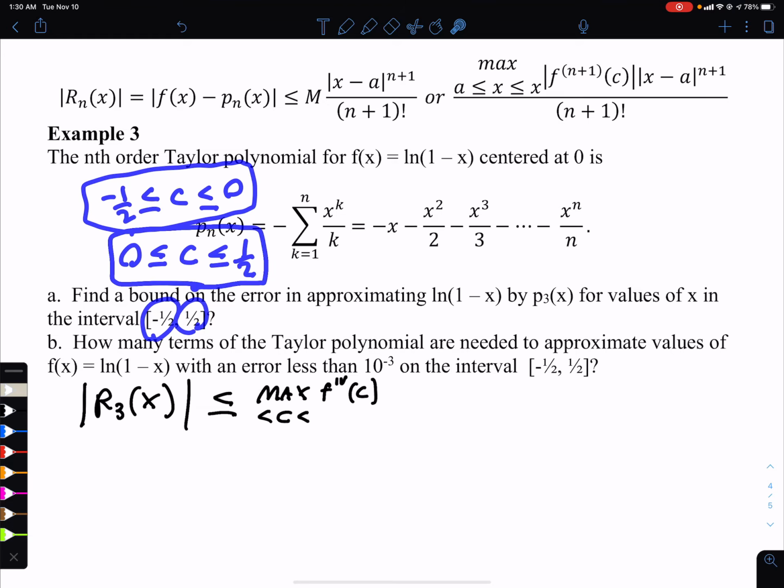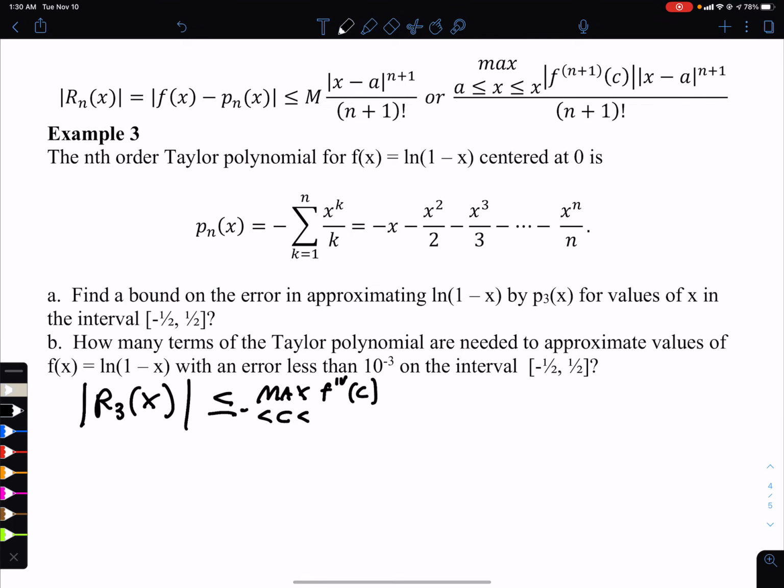So if you combine these two, you see that C could be anywhere from -1/2 to 1/2. That's weird. And then you're going to do x minus 0, raised to the fourth power, all over 4 factorial.